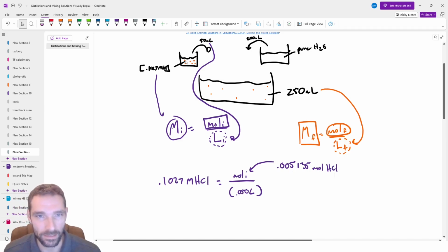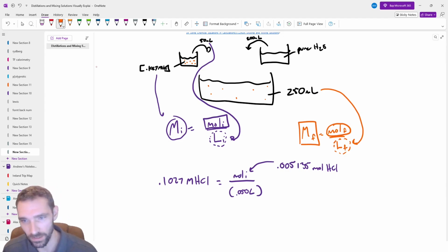So that means that the number of moles is still our number of moles in the final situation. We can think about that with what I've got in this orange equation now as our number of moles, and that is over a new volume, which is 250 milliliters, 0.250 liters.